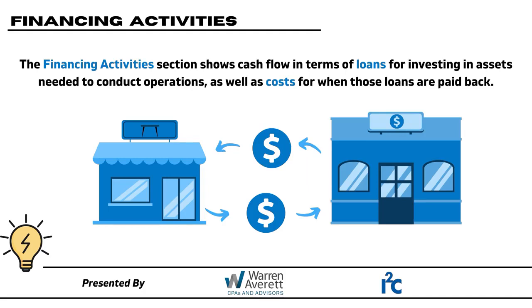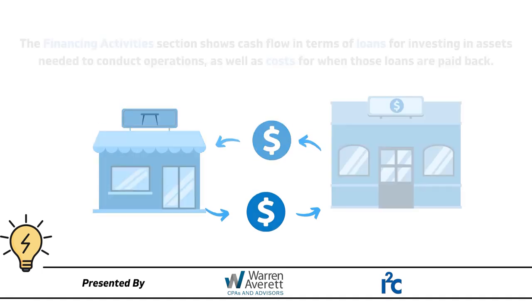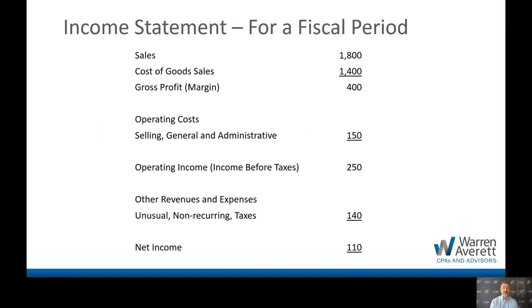And so that's how we know we've included all of the activity in the statement of cash flows. We talked about in a statement of cash flows, we begin with net income, and then we reconcile for non-cash items to allow us to present what cash operating activities were in the fiscal period being presented.